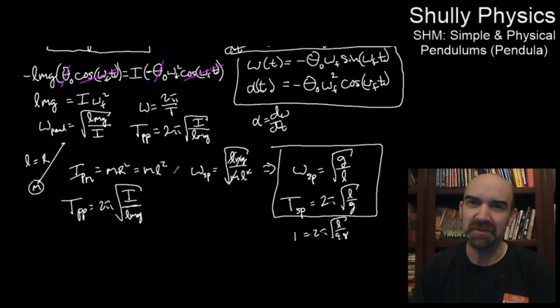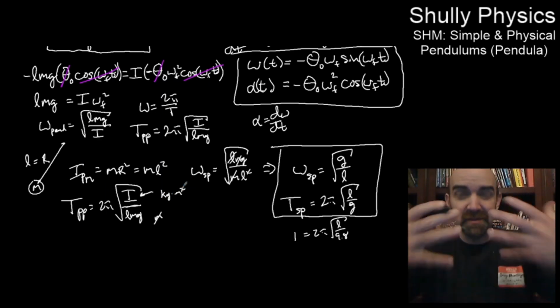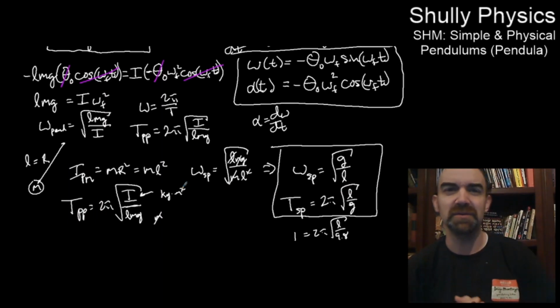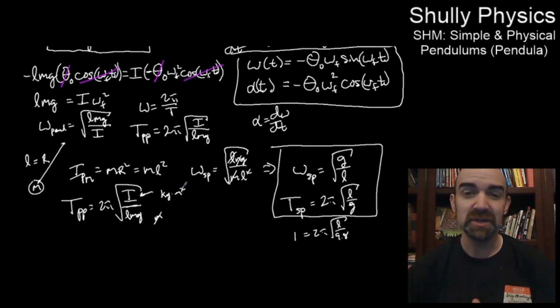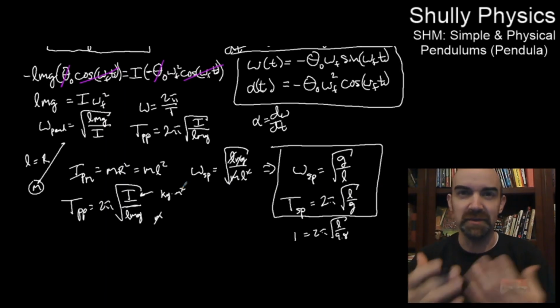No. Because remember, embedded in here is the units kilograms meters squared. And there's a meters down here. So remember that meters in the bottom will cancel, and this I value actually has the length of that pendulum, which puts it up top. So don't forget about that if you're ever using this to figure out relationships between changing the length or the mass or the I value.